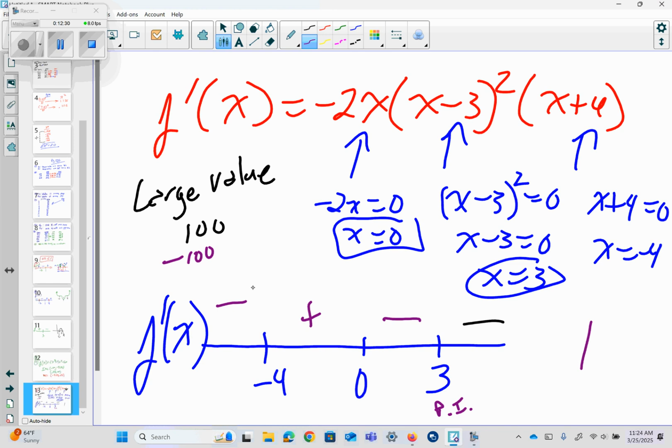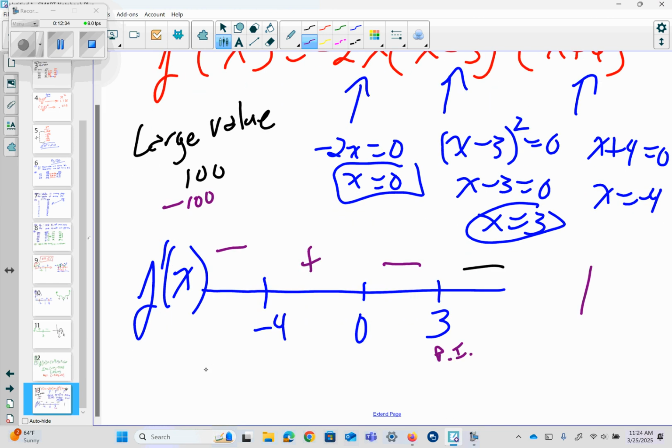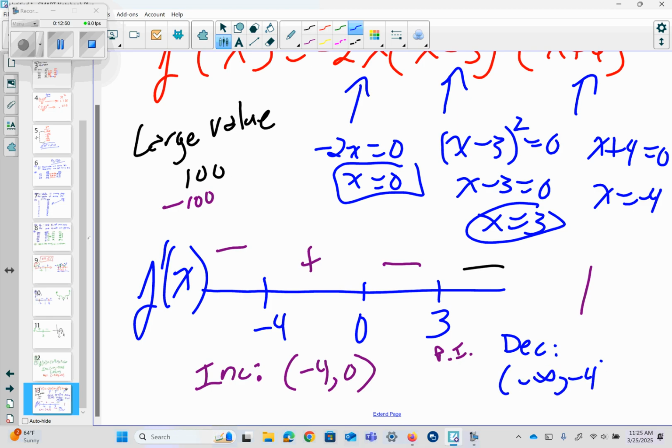And so now we need to do the intervals. Our intervals for increasing is where it's positive. So that's from -4 to 0. And our decreasing is all the negatives. So -infinity to -4.